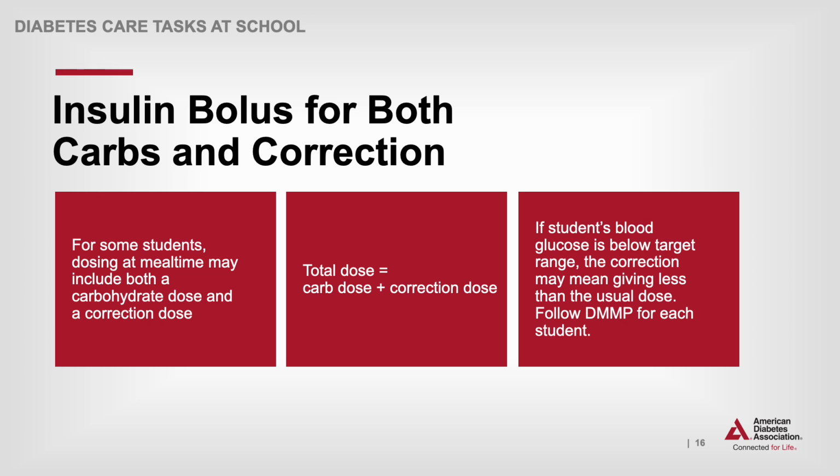If the student's blood glucose is below the target range, the correction may mean giving less than the usual dose. Students whose dosing accounts for both carbohydrates and blood glucose are more likely to need assistance from school staff. Many insulin pumps will automatically calculate the correction dose when blood glucose levels and carbohydrate intake are entered into the pump.